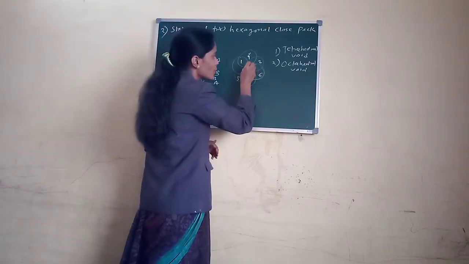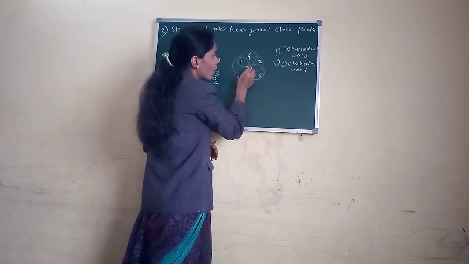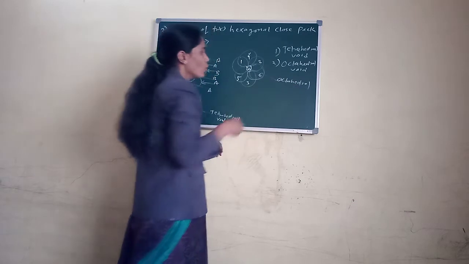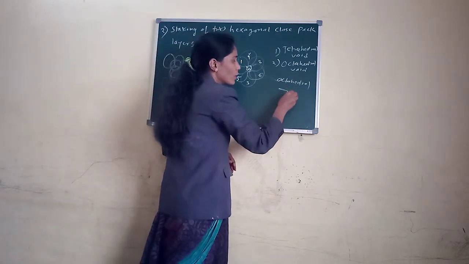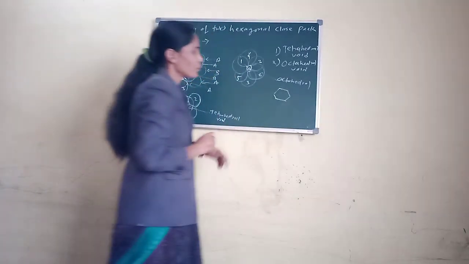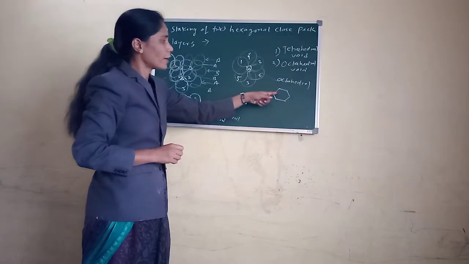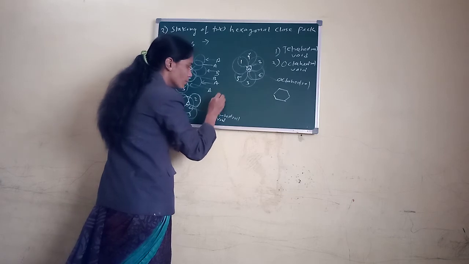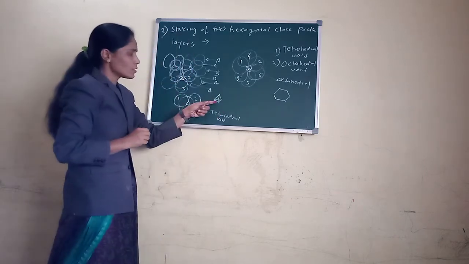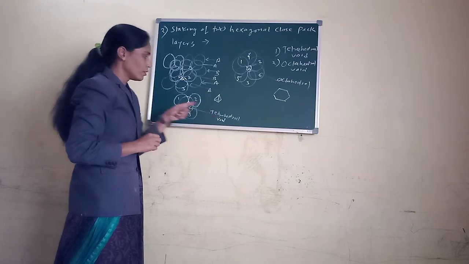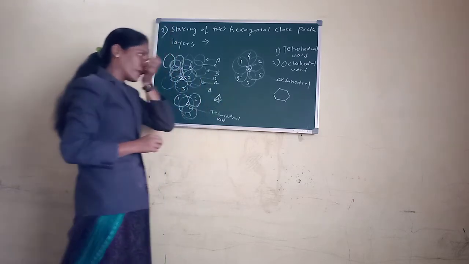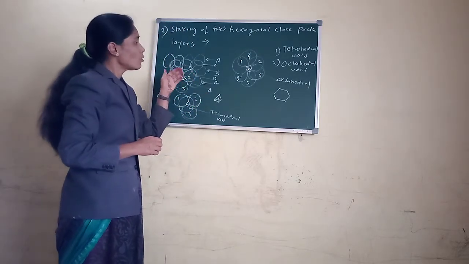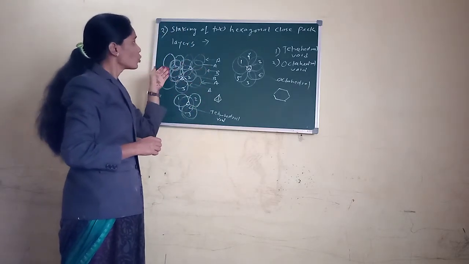This empty space has an octahedral shape. Octahedral means this type of geometry. And this is the tetrahedral void.